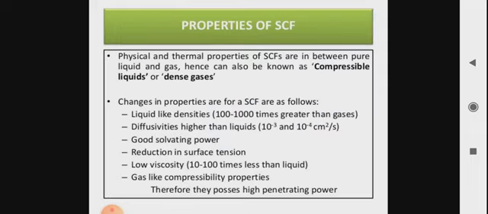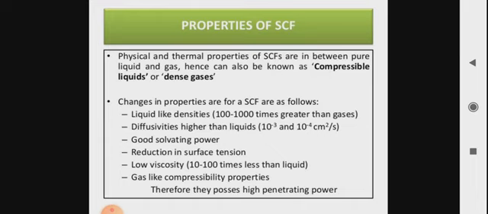What are the different properties of supercritical fluid? Physical and thermal properties of supercritical fluids are in between pure liquid and gas, hence they can also be known as compressible liquids or dense gases. The properties of a supercritical fluid are as follows. First, liquid-like density, then diffusivity higher than liquids, good solvating power, reduction in surface tension, low viscosity, and gas-like compressibility.